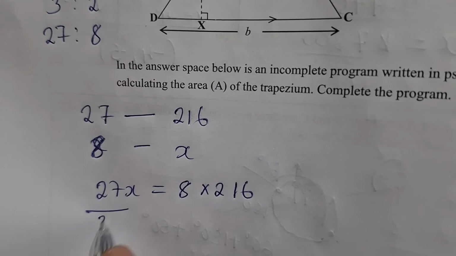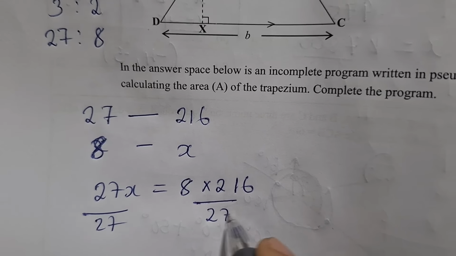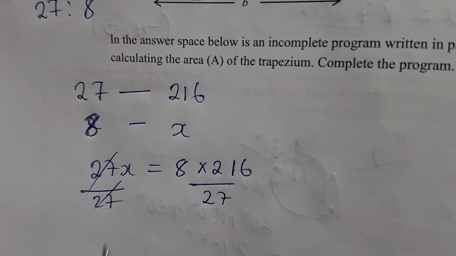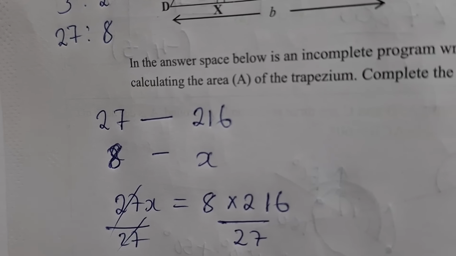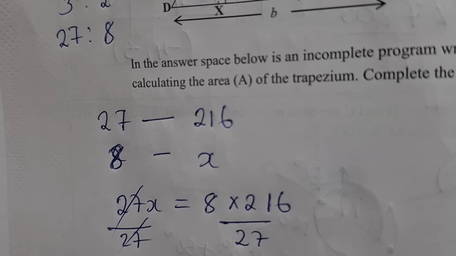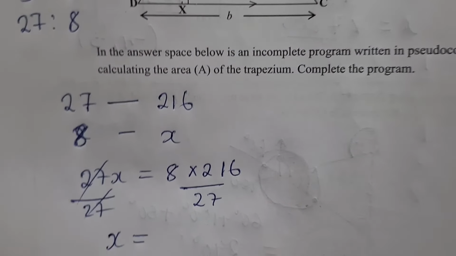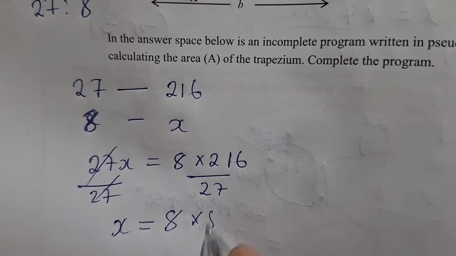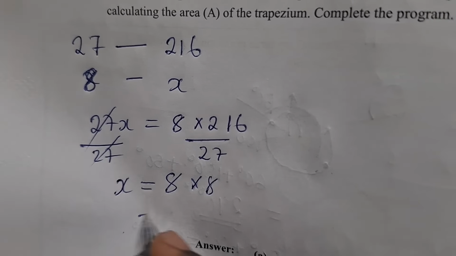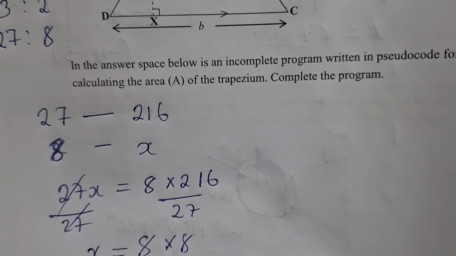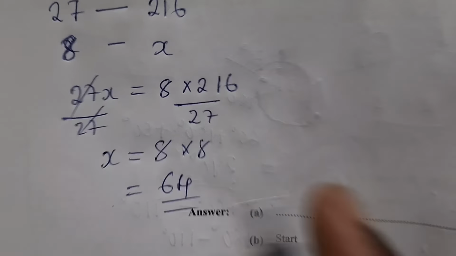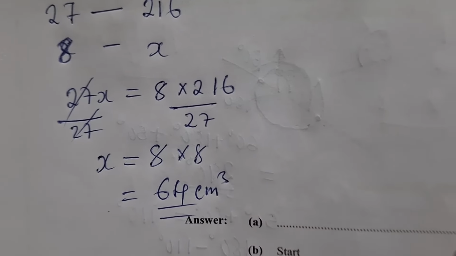So here we divide by 27 on both sides, 27 will go, and we remain with x, which is equal to 216 divided by 27, giving us 8. So this is 8 times 8. Now what is 8 times 8? It's 64. So the volume of the smaller is 64 centimeter cubed.